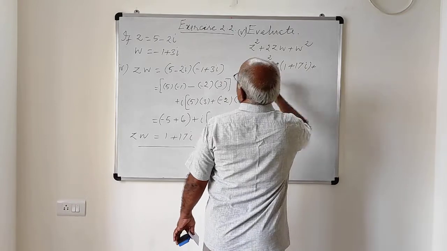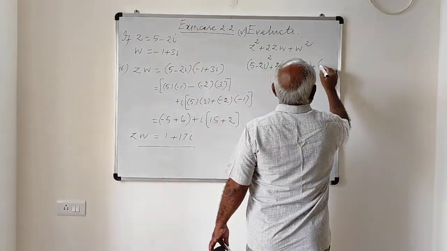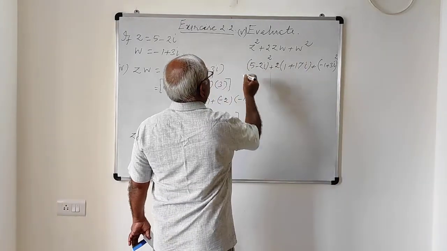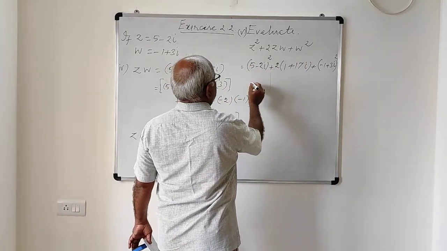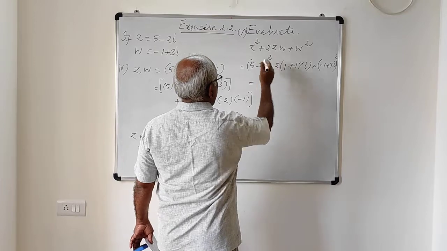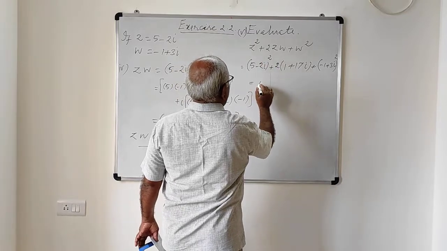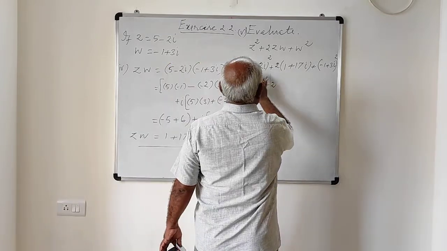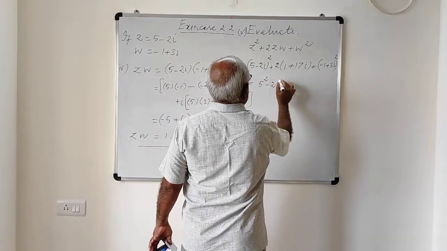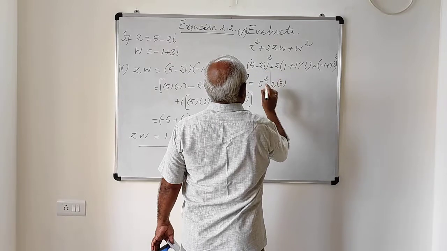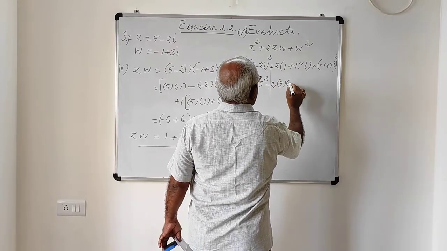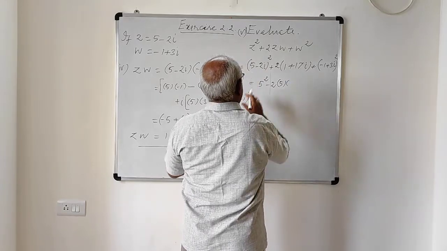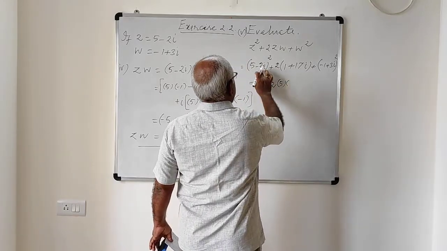Plus W square is what? Minus 1 plus 3i the whole square. So this is our requirement. This is again a minus b whole square. You know a minus b whole square is a square minus 2ab plus b square. Here a is 5, b is 2i.